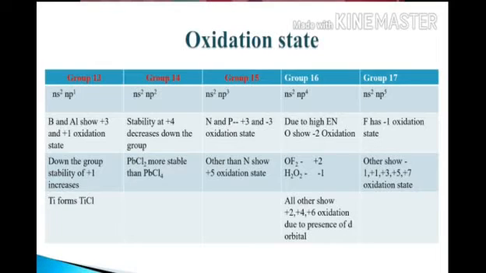In OF2, fluorine is more electronegative than oxygen, so oxygen has a +2 oxidation state in OF2. And one more exception is H2O2, where oxygen has a -1 oxidation state. This is one of the important probable questions in the entrance examination.